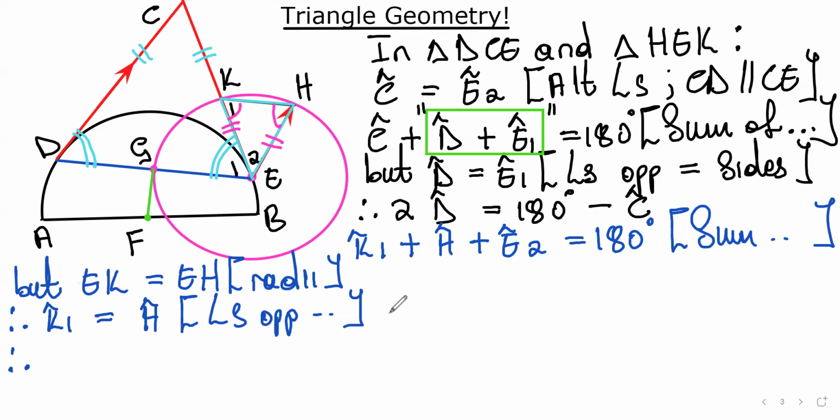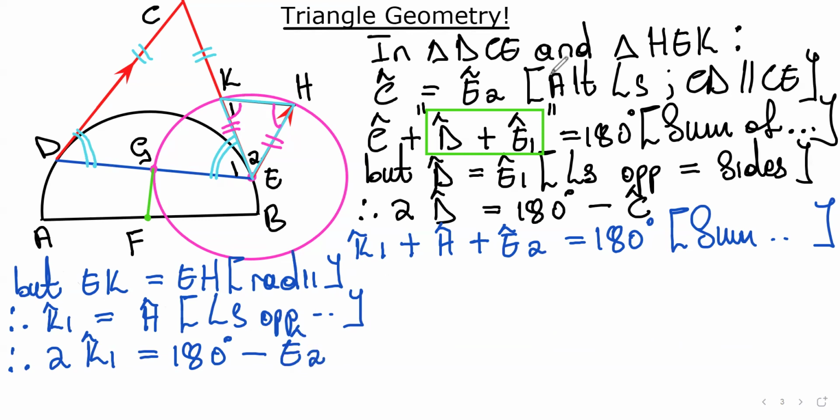Yes. What am I saying next? Oh, I say I can now express this either K1 or H in terms of E2, right? But I know that E2 is equal to C. Well, that's fine. So let's say I go to K1. So I say twice as much angle K1 is now going to be 180 degrees minus E2.